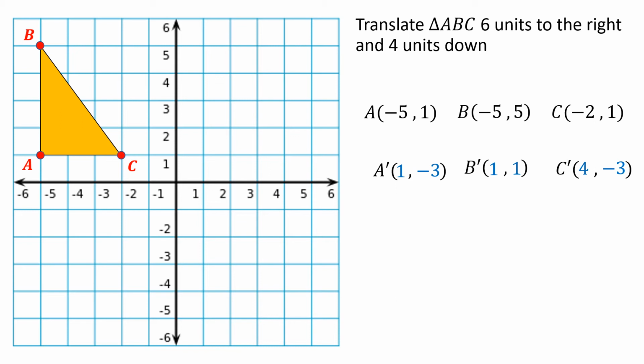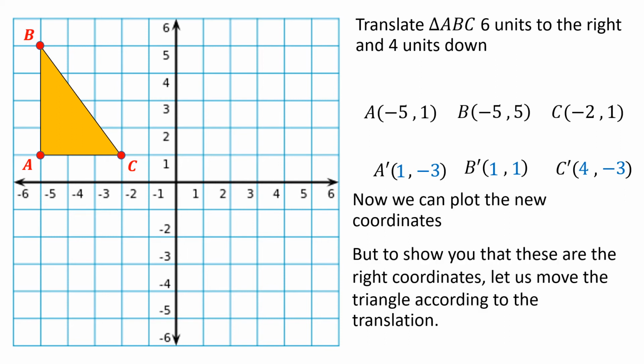Now, to make sure, we will do another method. This is another method where you manually change the position of the triangle. Actually, we can plot the points, but to see if our answer is correct, we will manually move the triangle.